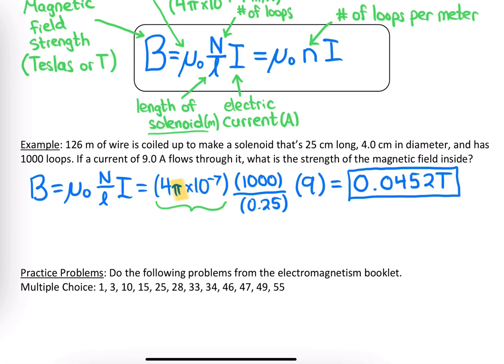So one thing you can do to get around this is use some brackets, calculate 4 pi first, get an answer, and then multiply that answer by 10 to the minus 7. The other thing you can do is reverse this. Do 10 to the minus 7 first, and then multiply it by 4 pi. Try that with your calculator now. Make sure you can get through this calculation without getting an error and getting this final answer.